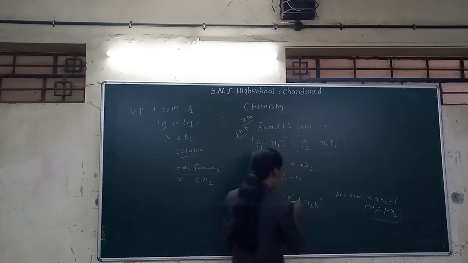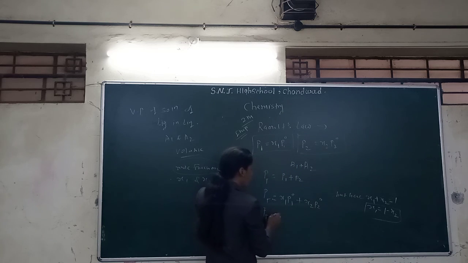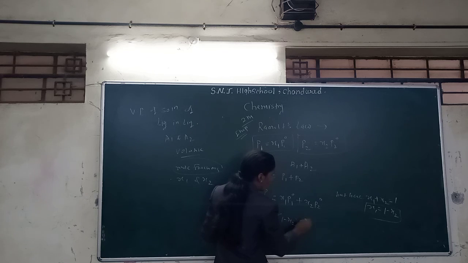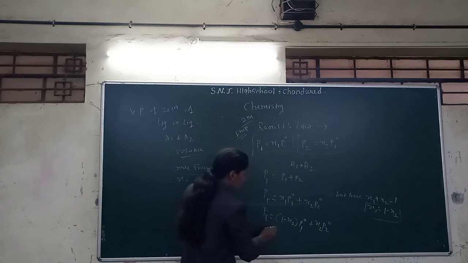Put this value in the equation: PT is equal to (1 minus X2) P1 naught plus X2 P2 naught.